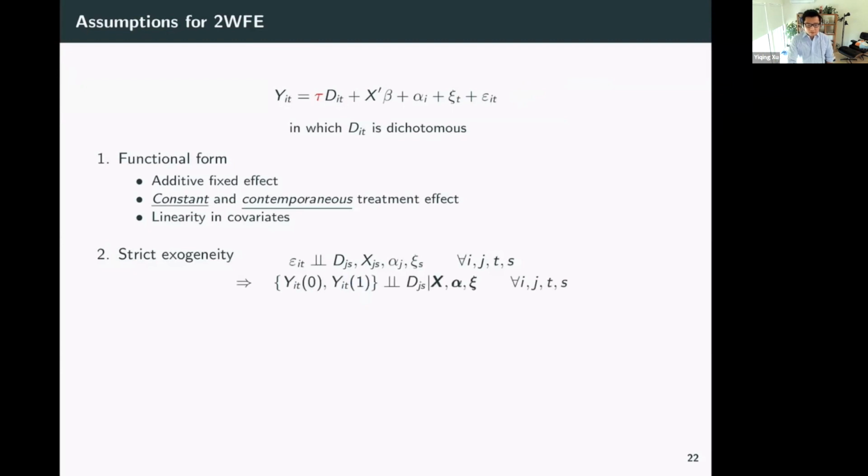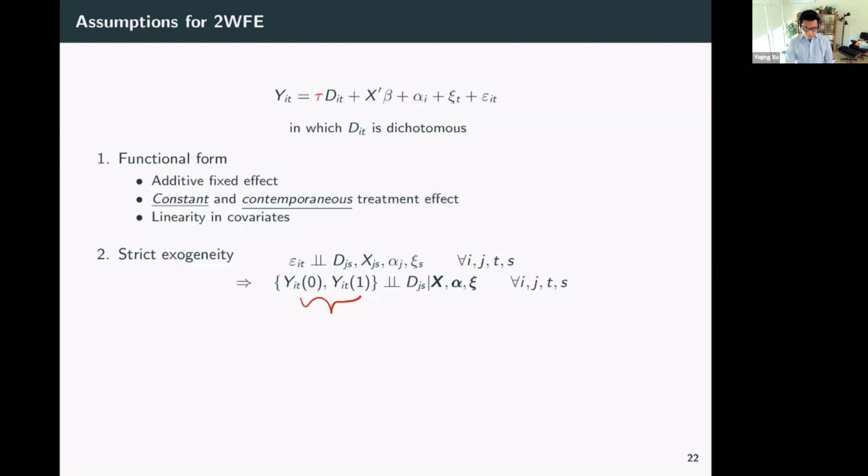And this is very nice because with strong assumptions, we can claim a lot of things. This implies the treatment assignment is orthogonal to the two potential outcomes. Here, for the potential outcome, you only have two versions. This is really nice because the assumption is so strong. You only have two versions of potential outcome for each i,t. The history is irrelevant. With such a strong model, history doesn't matter at all, because the past treatment does not affect future outcomes.